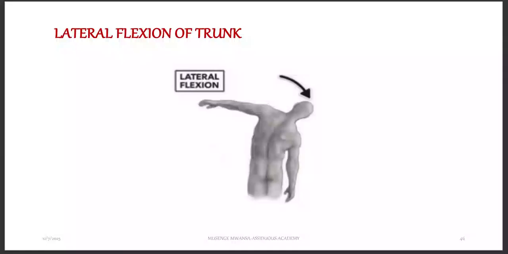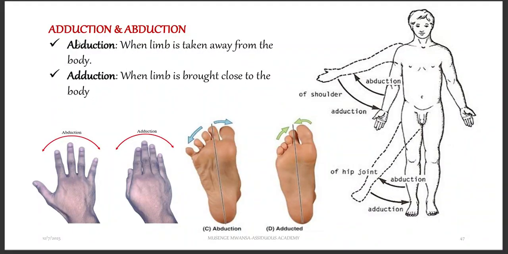Okay. And then we have what we call lateral flexion. Remember, to flex is to bend, but if you are bending on the side, that's known as lateral flexion. And then we have adduction and abduction. Adduction, think of ADD, that's to add. So adduction is adding.